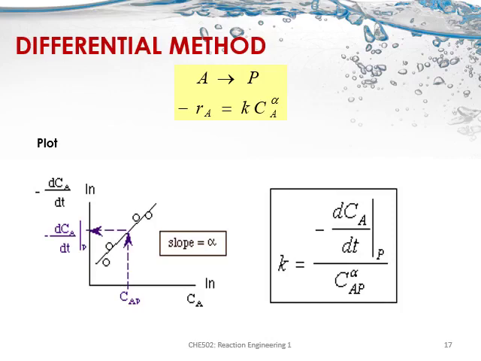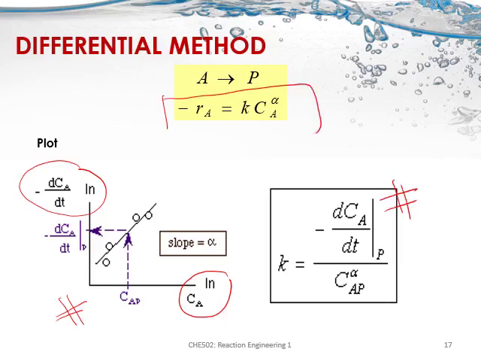In this slide, the plot illustrates the y-axis, which is ln of negative dCA over dt, versus ln CA, for which the slope is equal to alpha and the intercept is equal to ln k. Remember, this equation actually comes from this: negative rA is also equal to negative dCA over dt.